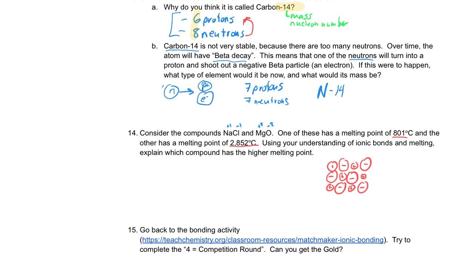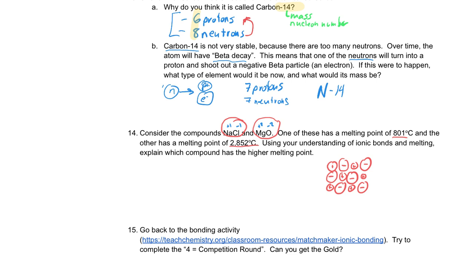Because that attraction is so strong, it makes it difficult to melt it, right? It's difficult to break those bonds. Now, which has stronger bonds? A +1 and a -1, or a +2 and a -2? Which one of those do you think would be more strongly pulled together?